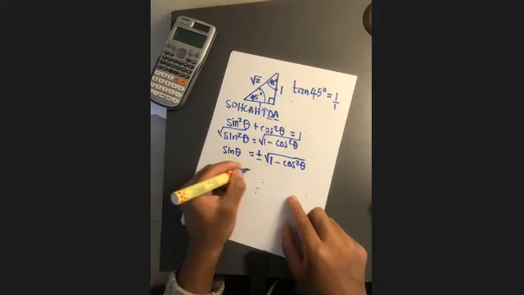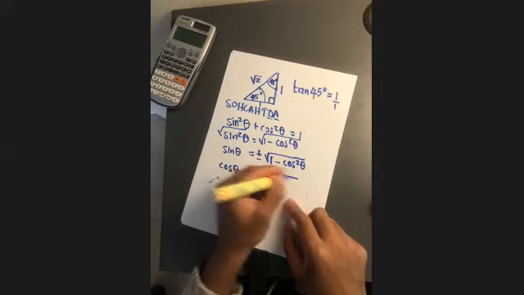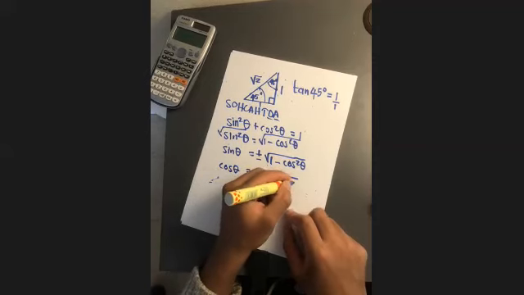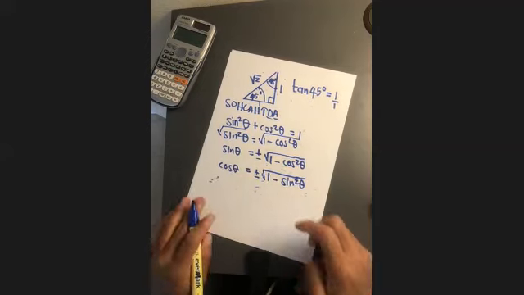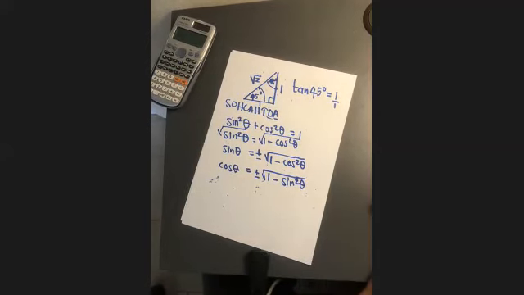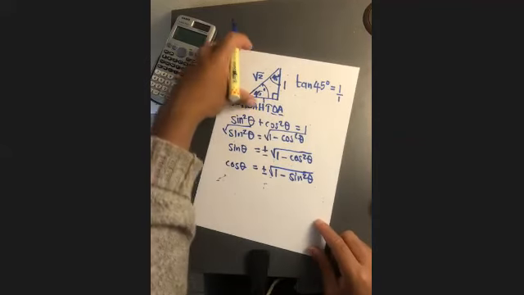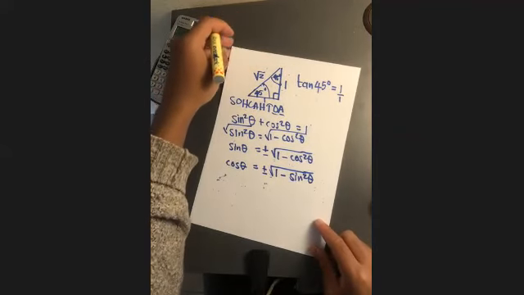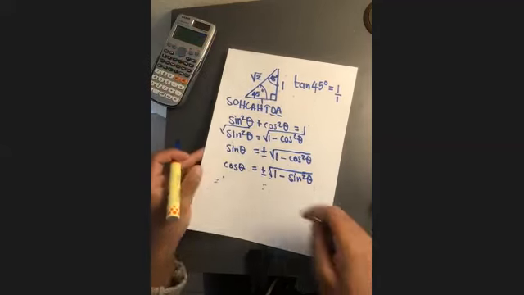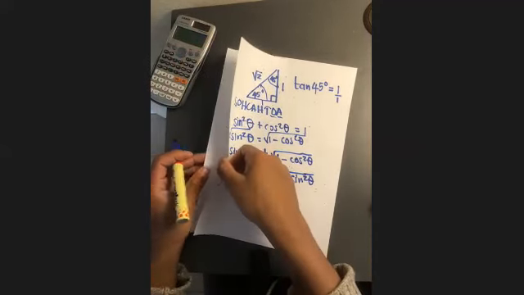Cos theta, as you can imagine, is just going to be the square root of 1 minus sine squared theta. So now I think we have enough tools to be able to solve our first trigonometric problem. I'm just going to quickly write it down so that you can solve it.